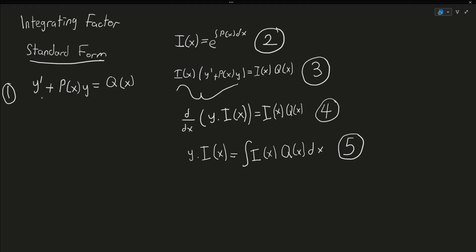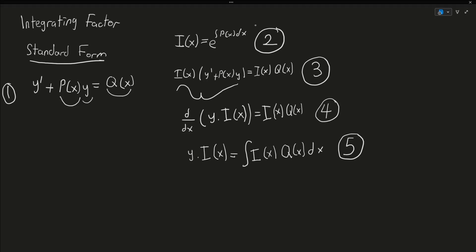Then you have a p of x term attached to y, which is very crucial when solving integrating factor problems, and at the end a q of x. When I talk about p of x or q of x, they are just functions of x.